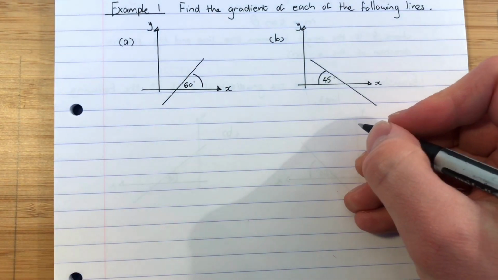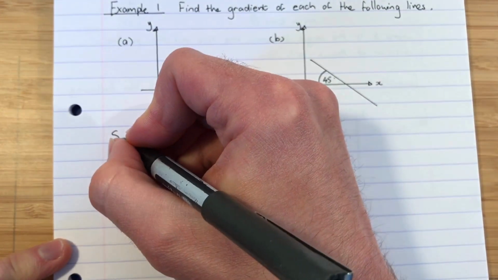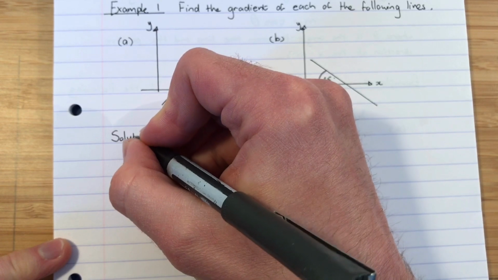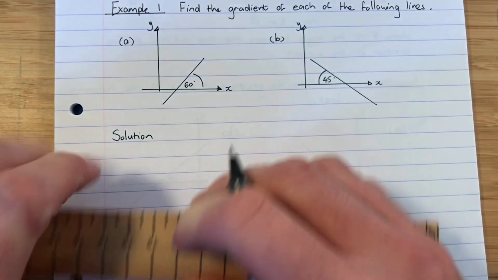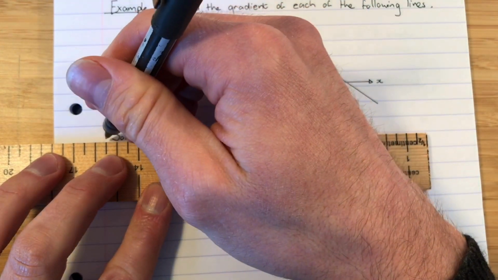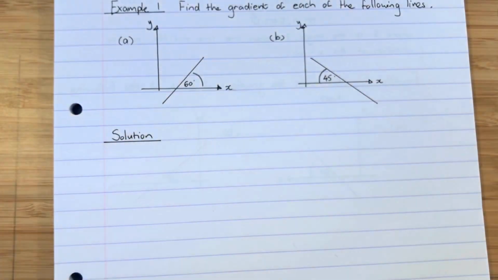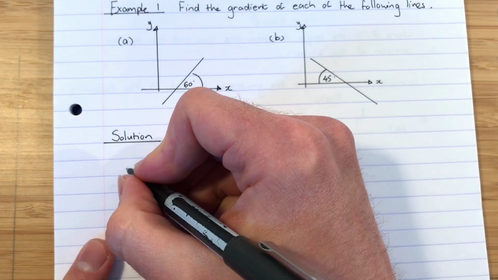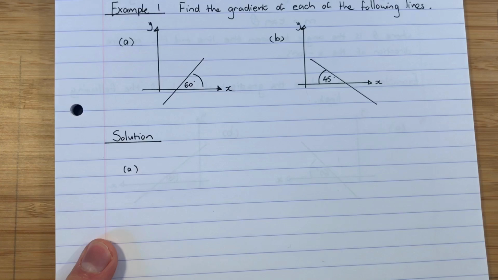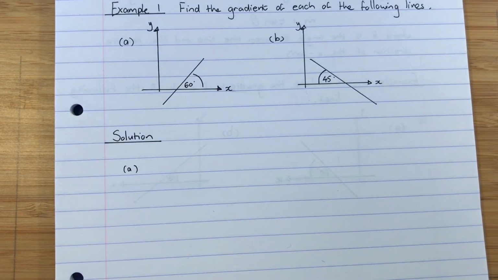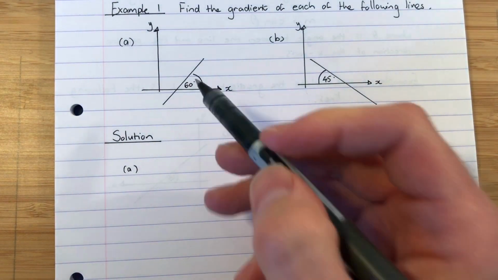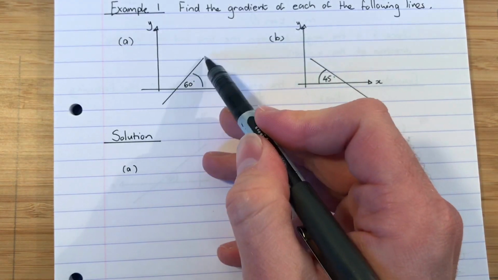Okay, so let's write solution underneath. And for part A, we will consider how to find the gradient. So we want to find the gradient of this line.